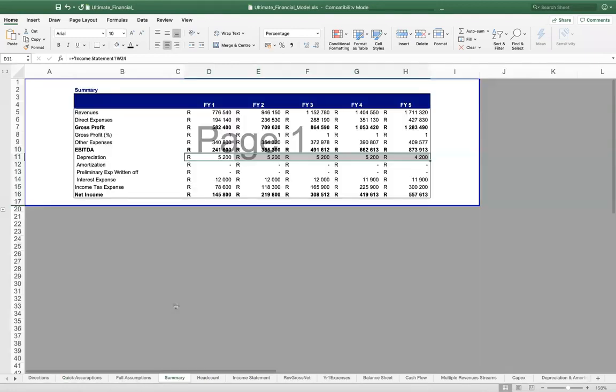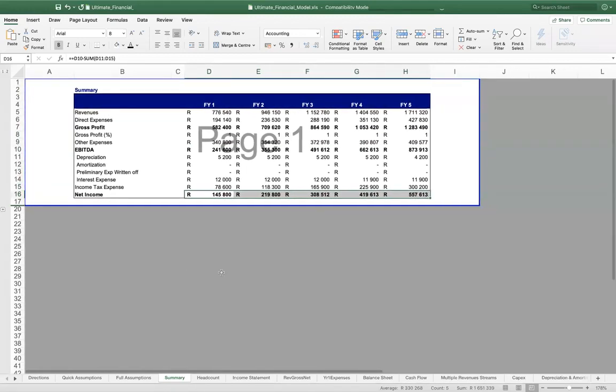Those quick assumptions will then give us what that 5-year forecast would be from revenues, direct costs, gross profit percentages, and also what the net income ultimately would be.